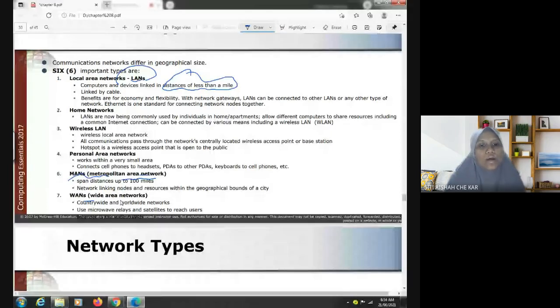Okay, worldwide. Maybe this one is used by the government or district officer ataupun untuk control untuk satu daerah, untuk satu state, sebab it can go up to 100 miles. Okay, lebih daripada 100 kilometer.